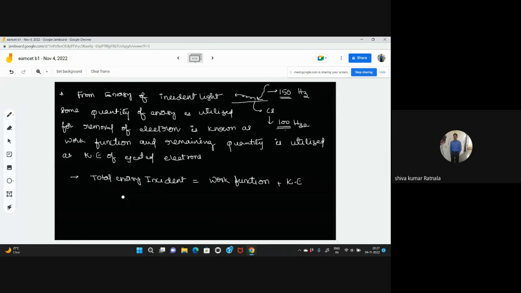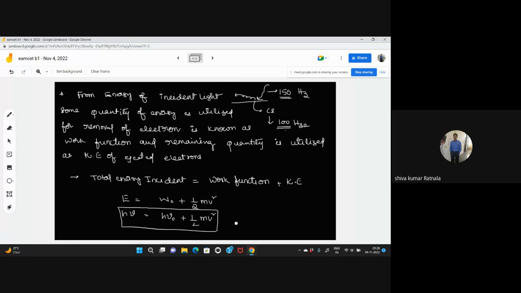Total energy E equals work function, which we represent with W naught, plus kinetic energy, half mv square. Energy E equals h nu, and work function can be written as h nu naught, plus half mv square. This is the formula.